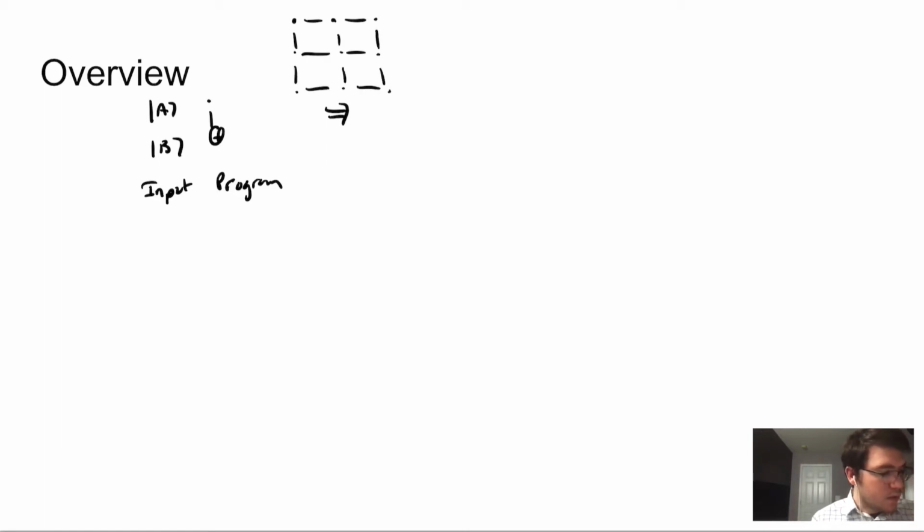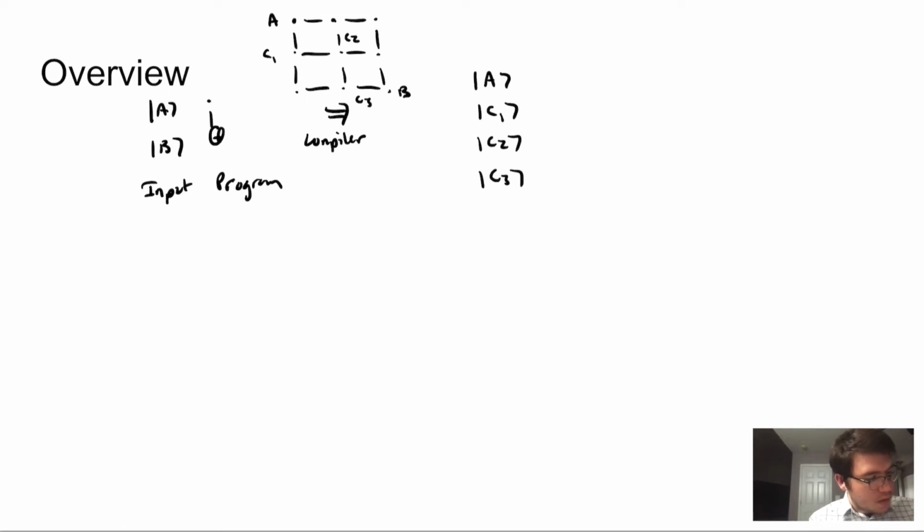And for some reason, we've mapped A and B poorly, to the edges of the device. And so we have these intermediate qubits. Let's call them C1, C2, and C3, for example. And then our compiler here in the middle has to add in additional operations to actually execute this operation between A and B. So now we have this program between C2 and C3 and B.